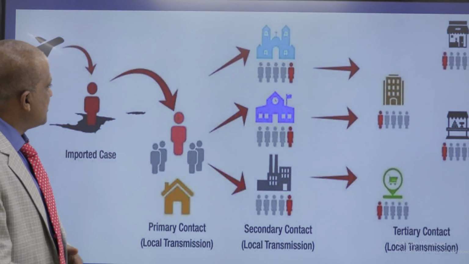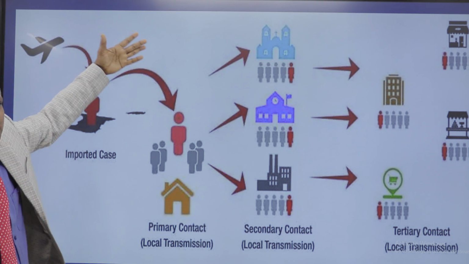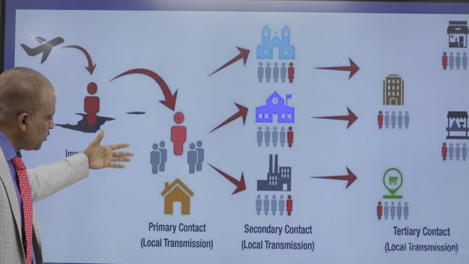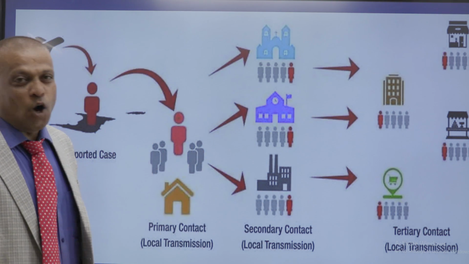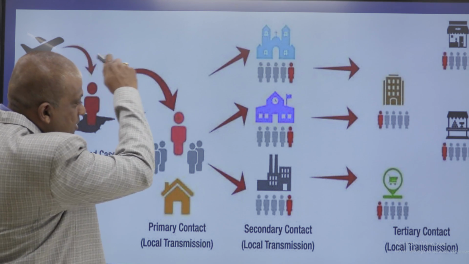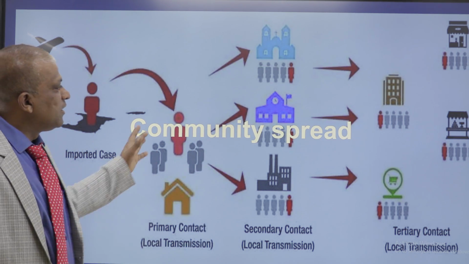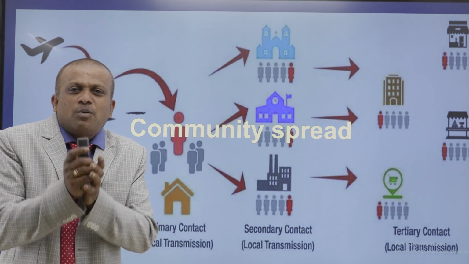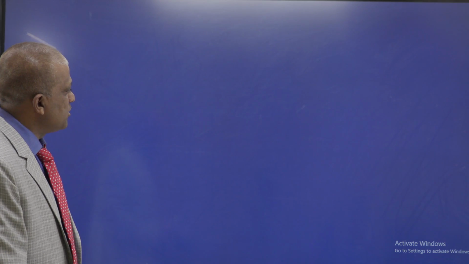The next one is, you can see here a flight entering, then imported, primary contact, secondary contact, then tertiary contact. So, how this comes in and how it gets spread, that is community spread. Community spread is a very popular word used at this moment of time.